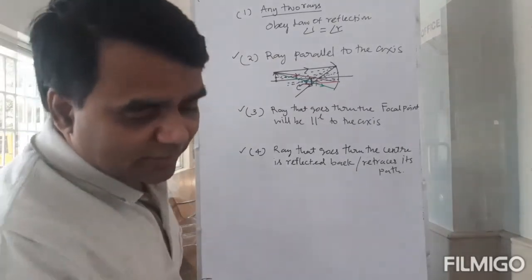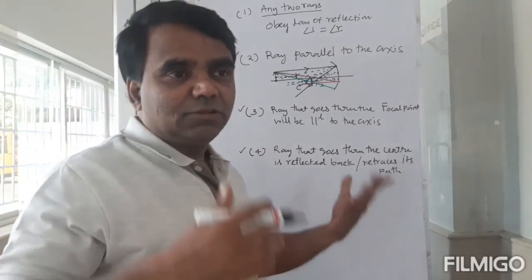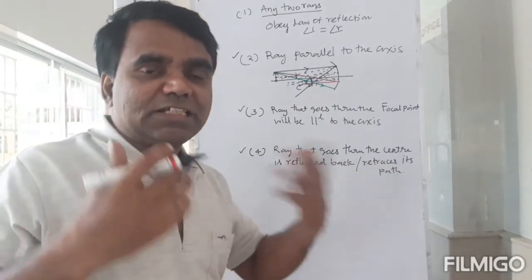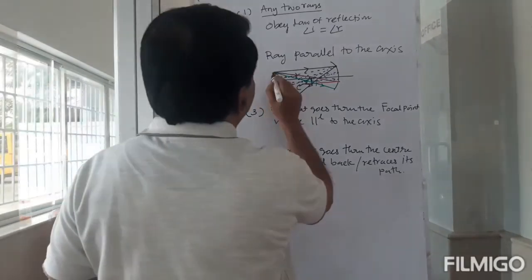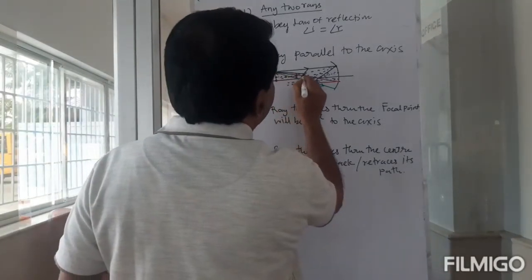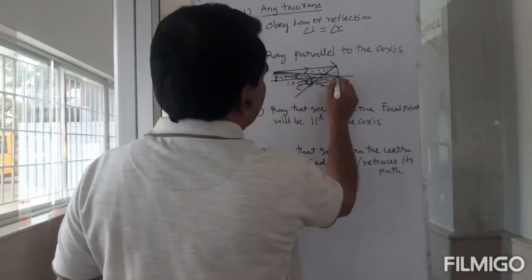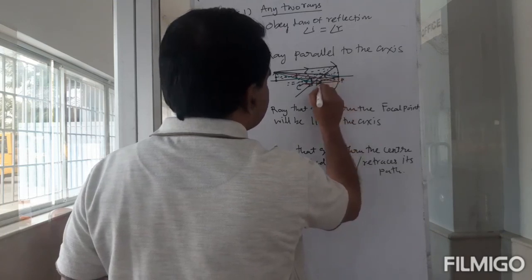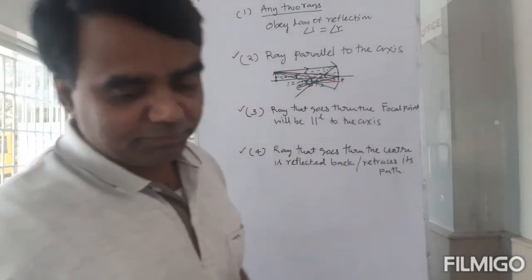Or any other line will get reflected as per the law of reflection. For example, if you take this one, it hits the pole, so it makes an angle theta, and then it will get reflected back at the same angle theta. So that can also happen.